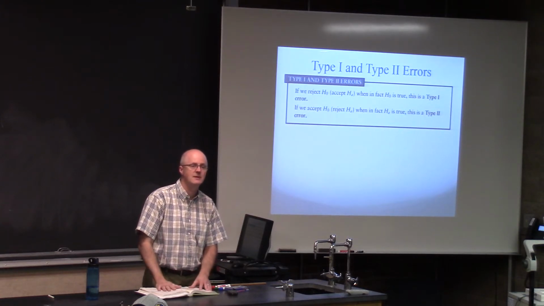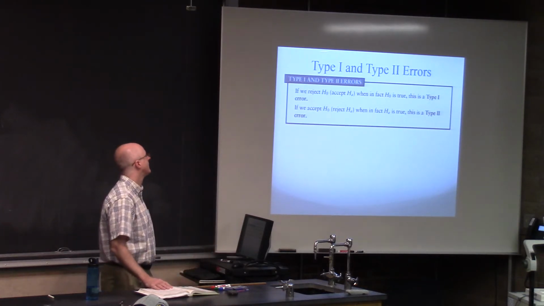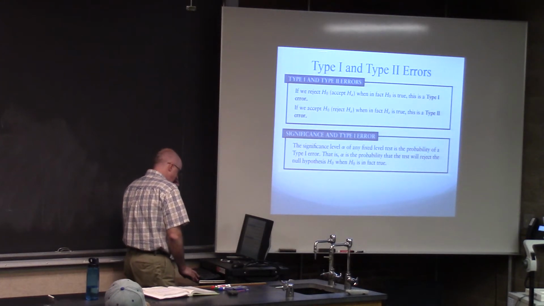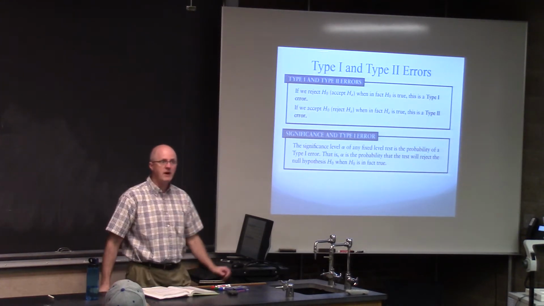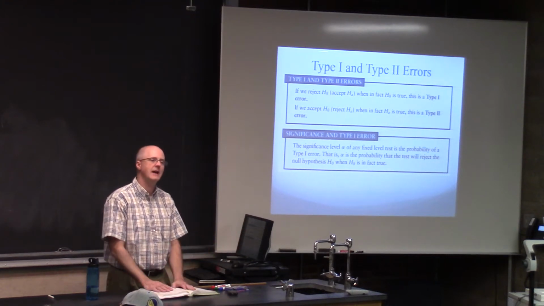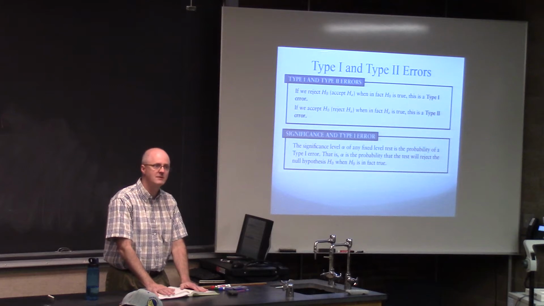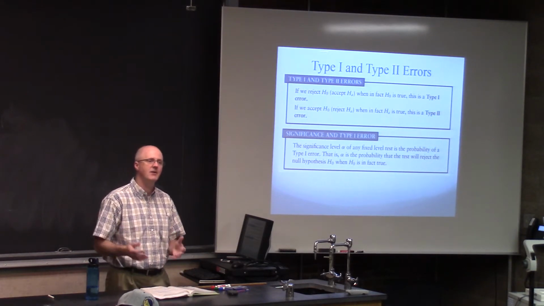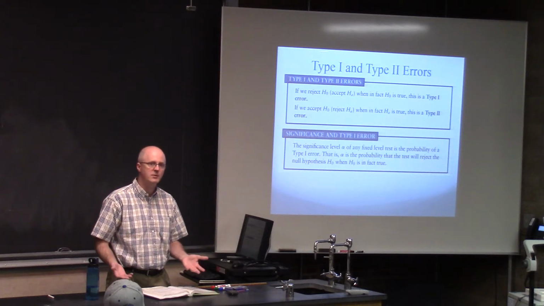What's the truth? Alpha is the probability of a type 1 error. In all real-life examples, you decide what alpha is, at least with the old school approach. Ahead of time, you pick alpha: 10%, 5%, 1%.